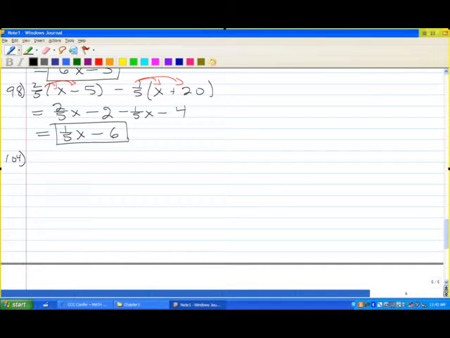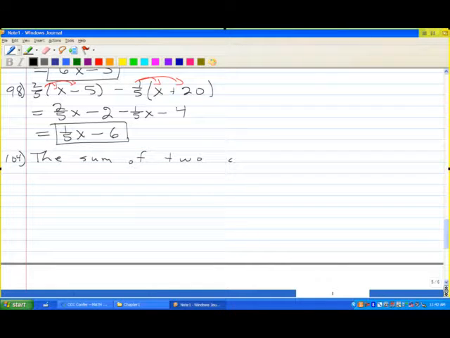And so this is going to be the sum of two consecutive integers.